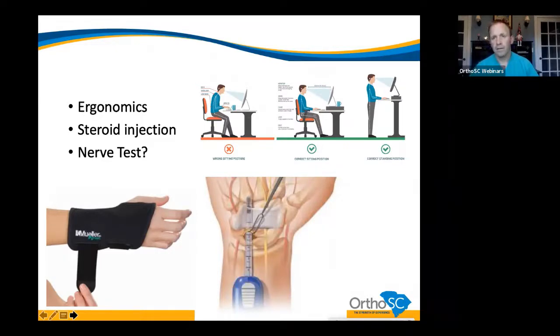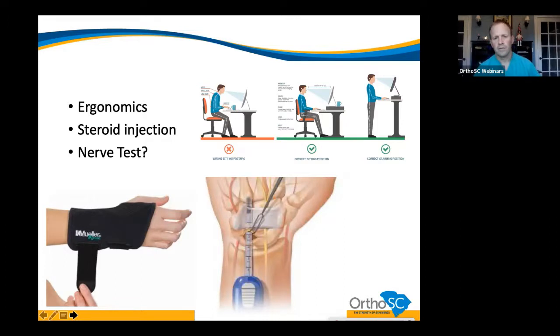A lot of times we cause ourselves pain by our activities, by being hunched over the computer like we were talking about, or by doing repetitive activities for hours on end, not taking a break. If you can get up and do some stretches, go for a walk for a couple minutes every hour or so, that helps get the blood flowing and get you out of that same position.